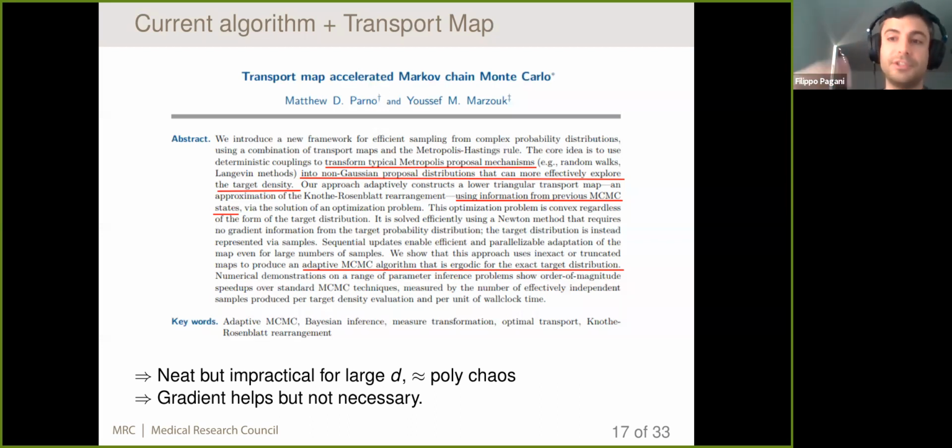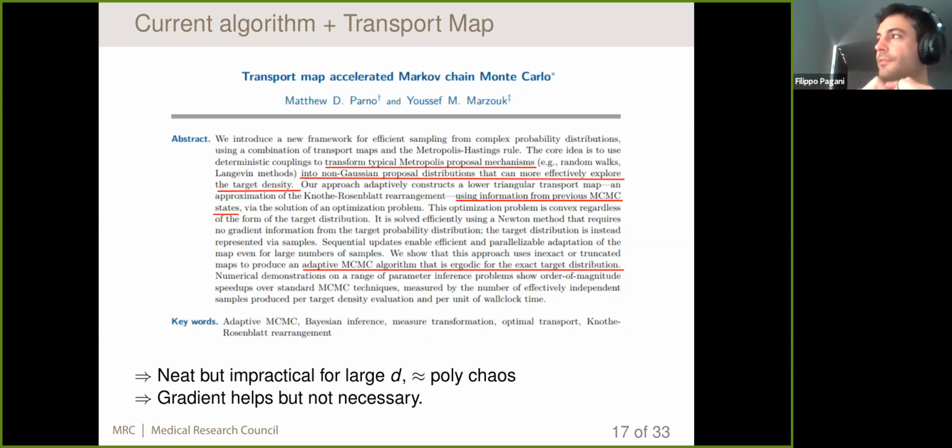And the more samples you get, the more you know about the posterior, the more the map will update, and you'll be able to move around better and better and further the more you explore. Transport map is a great idea. Unfortunately, the map is estimated in a way that is reminiscent of polynomial chaos.